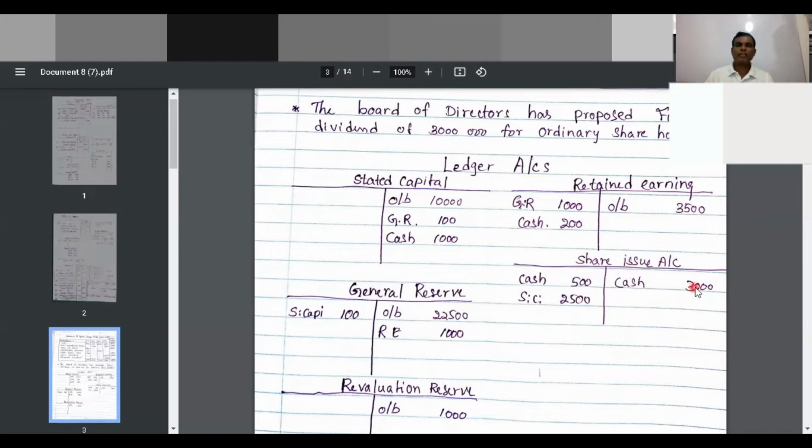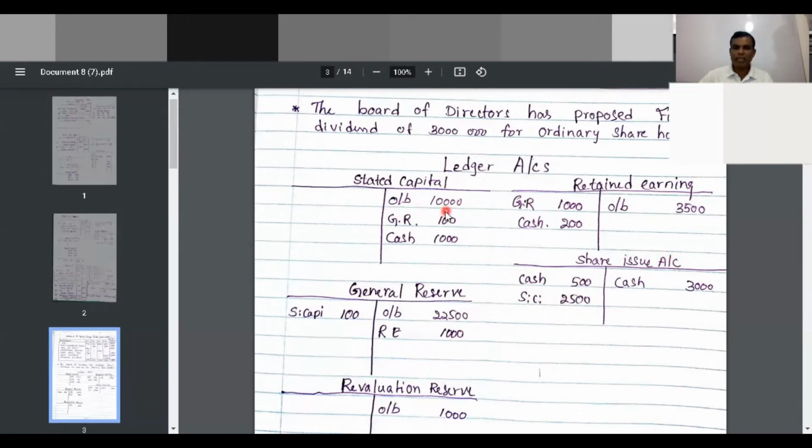share issue account credit, cash account debit, and then next, when cash is sent back to the subscribers without allotting, you see share issue account debit and cash account credit, and then only 2,500 is taken to the stated capital account. Double entries: share issue account debit.